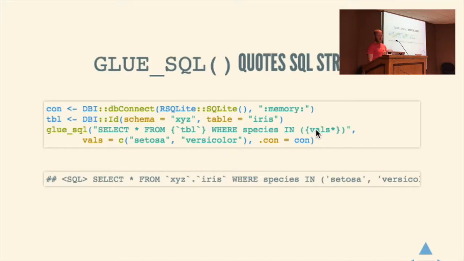And then again the values, where I'm using the star syntax to indicate multiple values. So we're inserting multiple values that are quoted and collapsed appropriately for whatever database backend you're using. In this case I'm passing a string in this IN statement, but if I instead passed numbers, then those would not be quoted, and you'd get the correct syntax for that case.